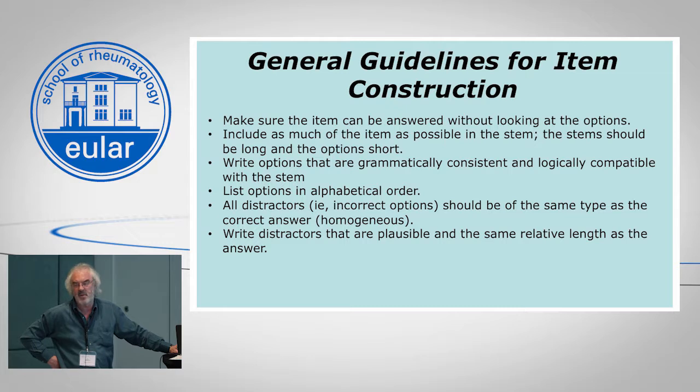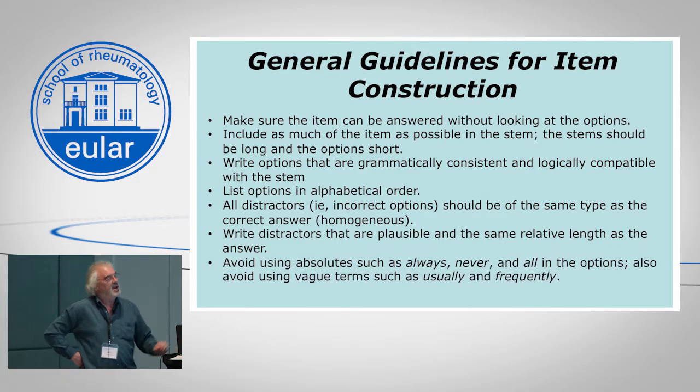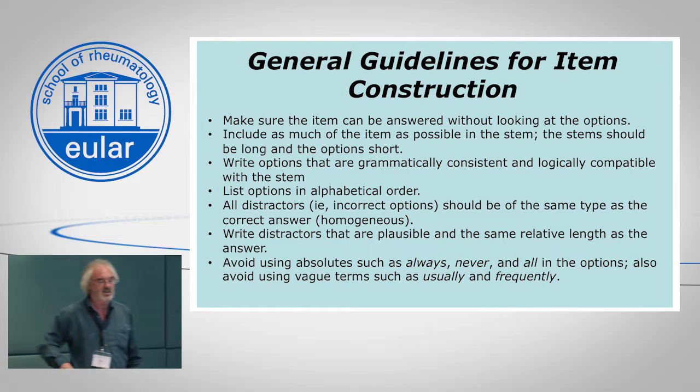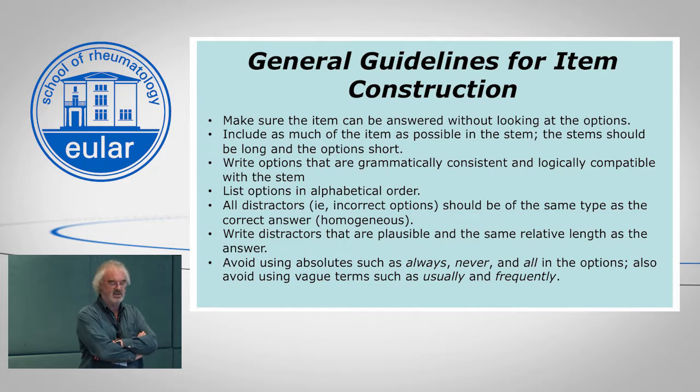The one with more information in might be perceived to be the correct answer. It's only a perception. And then avoid using words like always and never, because medicine is not about always and never. People will immediately think that an option that's got always or never in is unlikely to be true, for example. It's not always the case, but it often is.